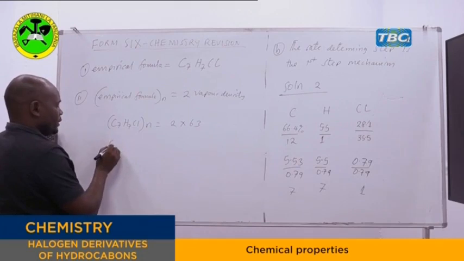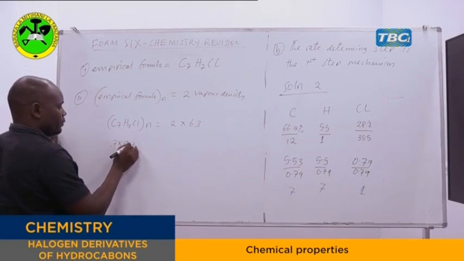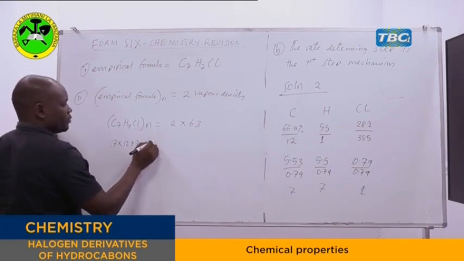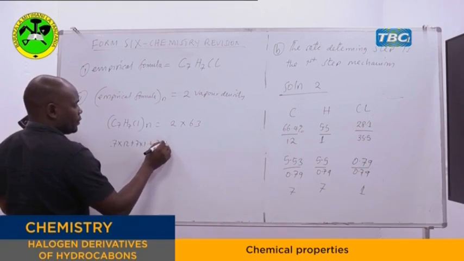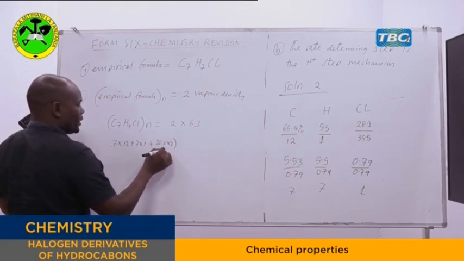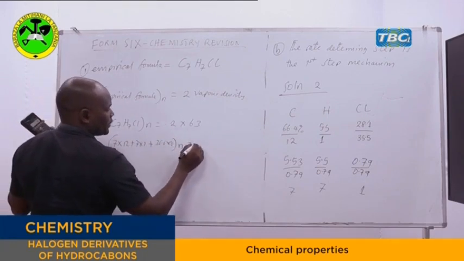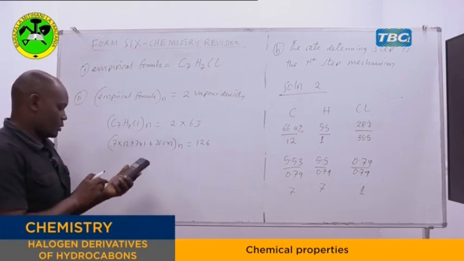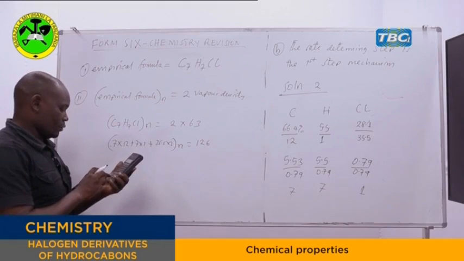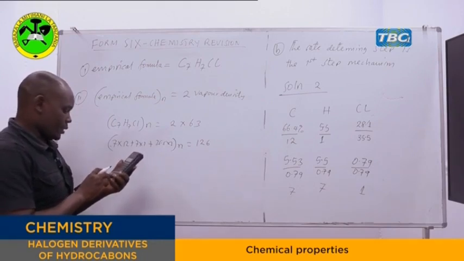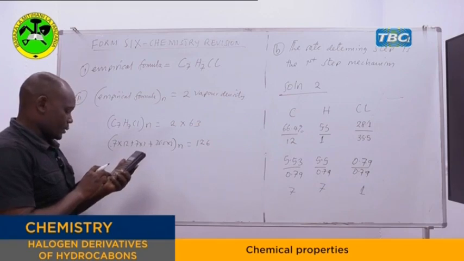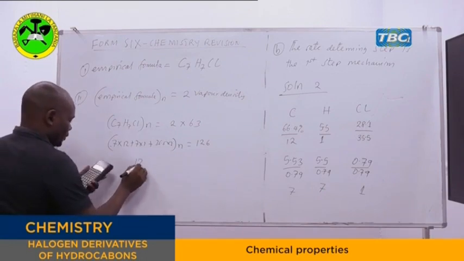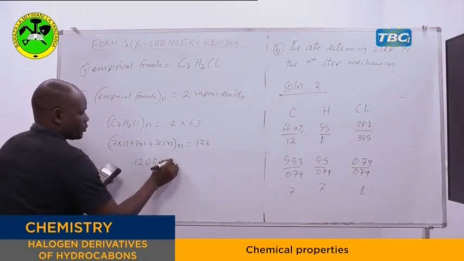So it will be 7 times 12 for carbon, plus 7 times 1, plus 35.5 for chlorine, times 1, in bracket times n, will be equal to 126. Using the calculator, 7 times 12 equals 84, plus 7, plus 35.5, the answer is 126.5 n, equal to 126.